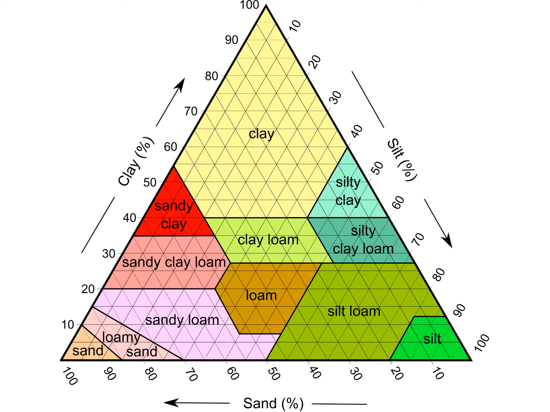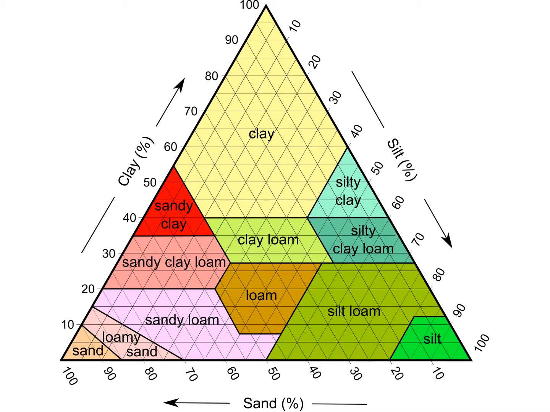At the very bottom left, we've got 100% sand. And at the very bottom right, we've got 100% silt. All the other positions in between are a mixture. But it's easy to read it wrongly and think it all adds up to more than 100%.